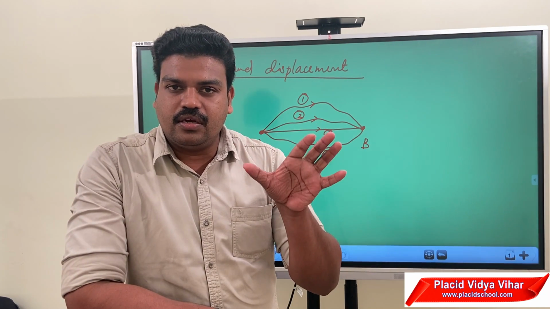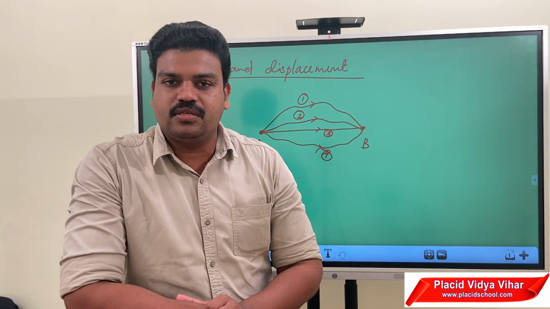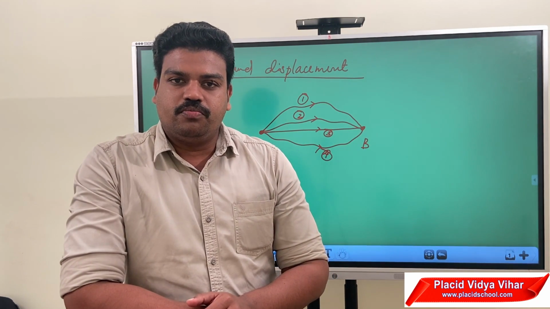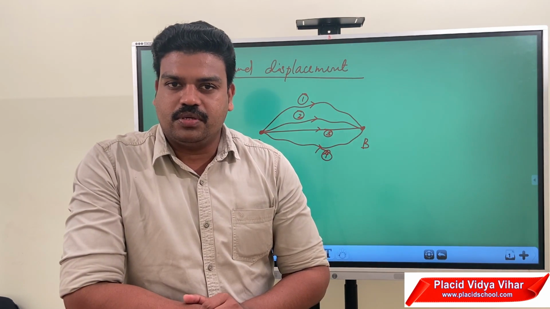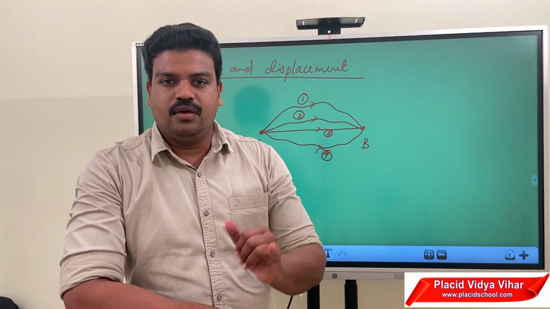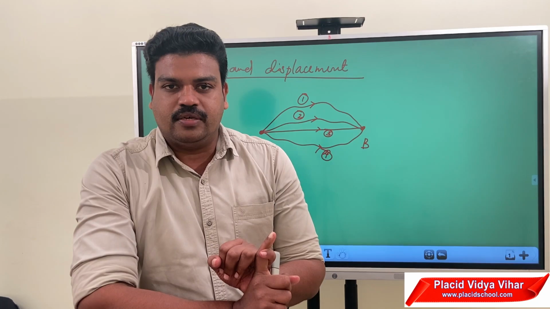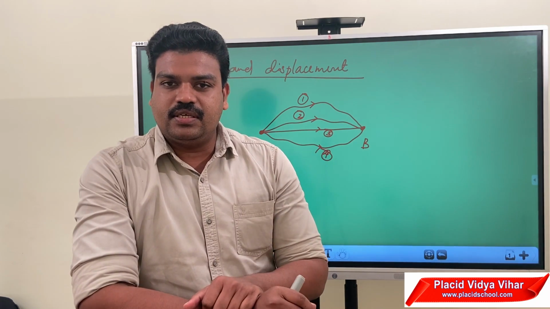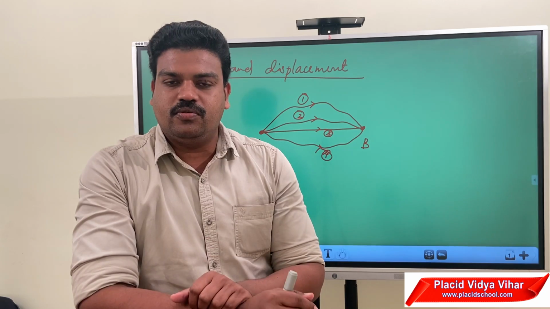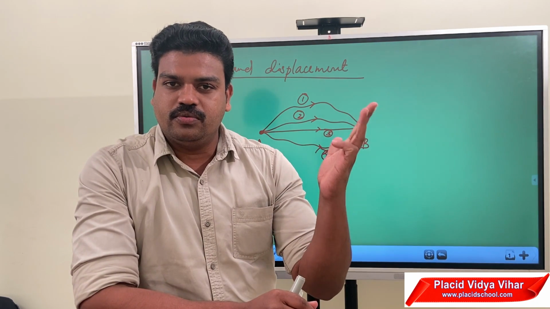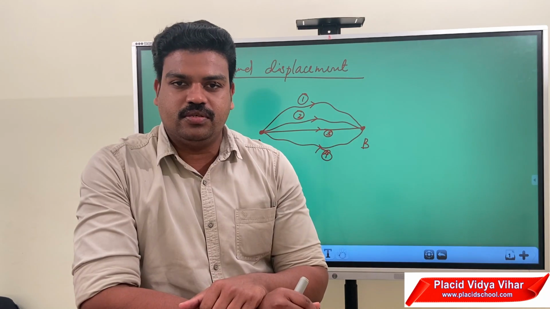So the total length of the path covered by an object is called the distance. The shortest separation between 2 points is considered as displacement. The fundamental differences between distance and displacement are: distance is a scalar quantity, displacement is a vector quantity. Therefore, distance is always a positive quantity. Displacement can have a positive value, a negative value, and it may be 0.